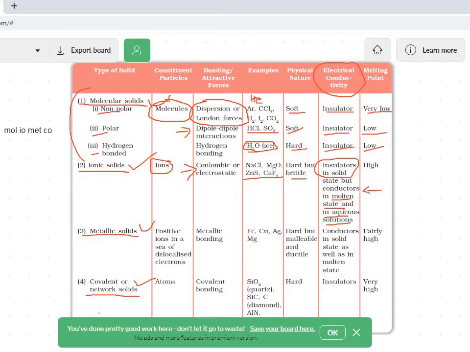The third category is metallic solids. We are talking about metals. They are actually the collection of positive ions surrounded by and held together with delocalized electrons. So you can see the constituent particles, positive ions in a sea of delocalized electrons.